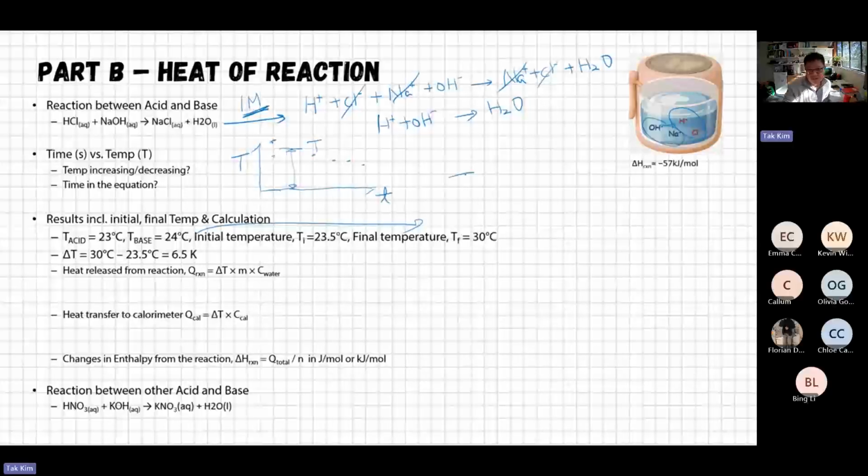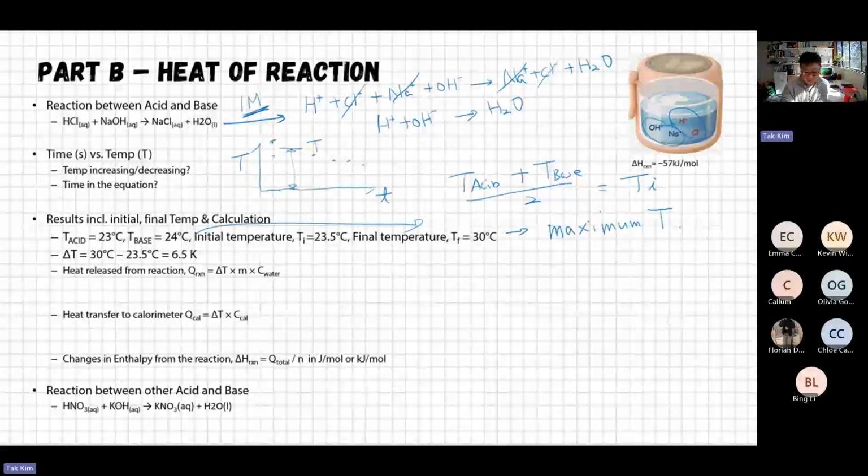If your T acid is, say, 23 and T base is 24, you can average them together, T acid plus T base divided by 2, to get T initial. And then our final temperature has to be the maximum temperature you observed during your experiment.